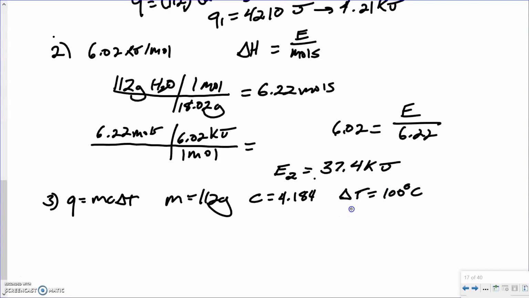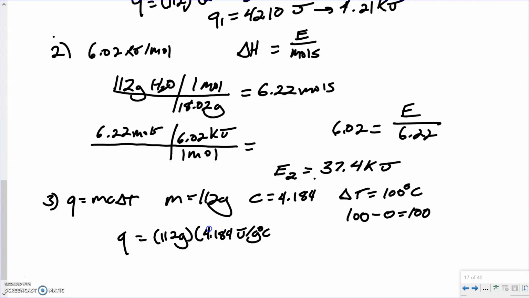So again, final minus initial. The final is 100 minus 0 is 100. Okay, so Q is going to be equal to a mass of 112 times a specific heat capacity of 4.184 joules per gram degree Celsius times a change in temperature of 100 degrees Celsius.